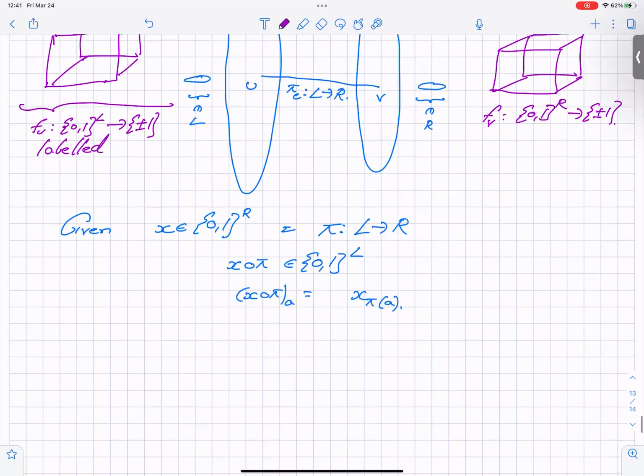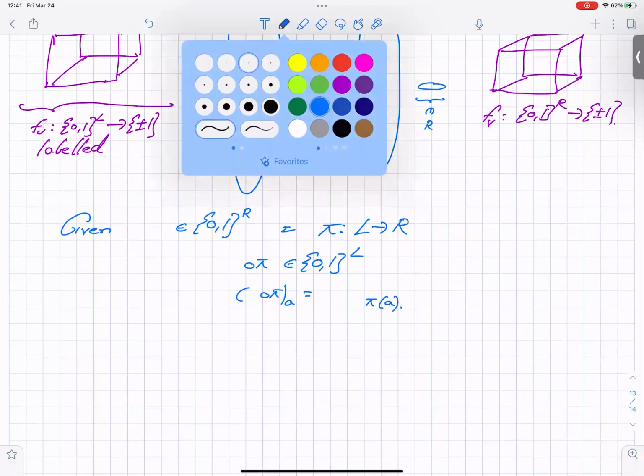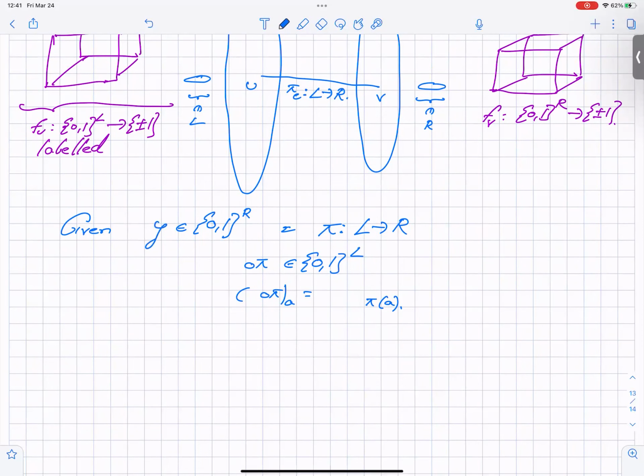Given x in 0,1 to the r, I give you a y and a pi. So I'm going to define the string y of pi. It's a pullback of a string from here to a string there. And how is it defined? y of pi at any coordinate a is just y at the coordinate pi of a.